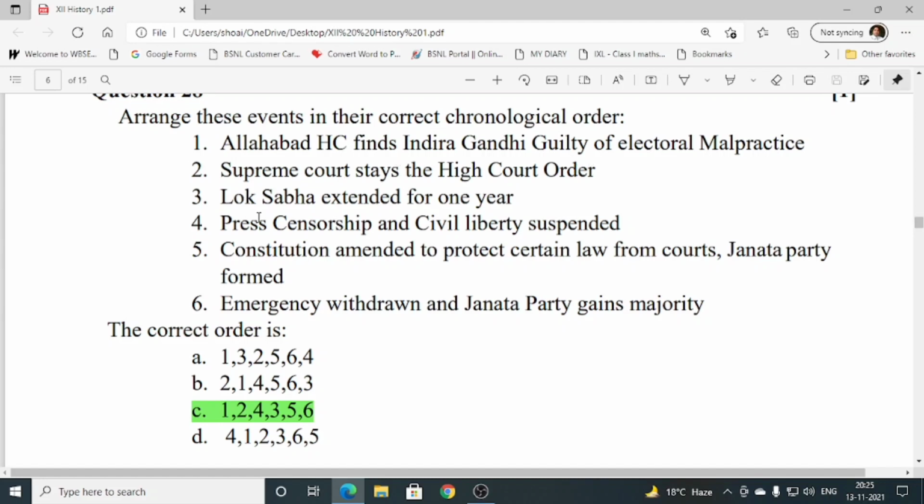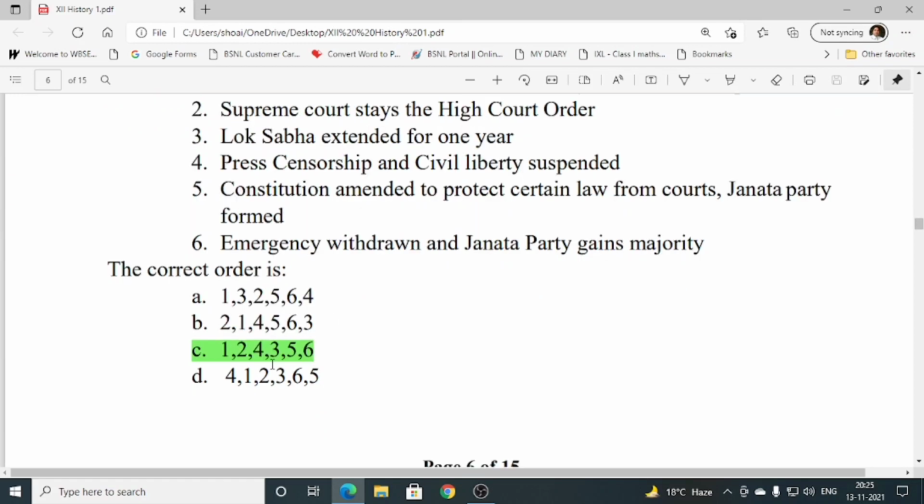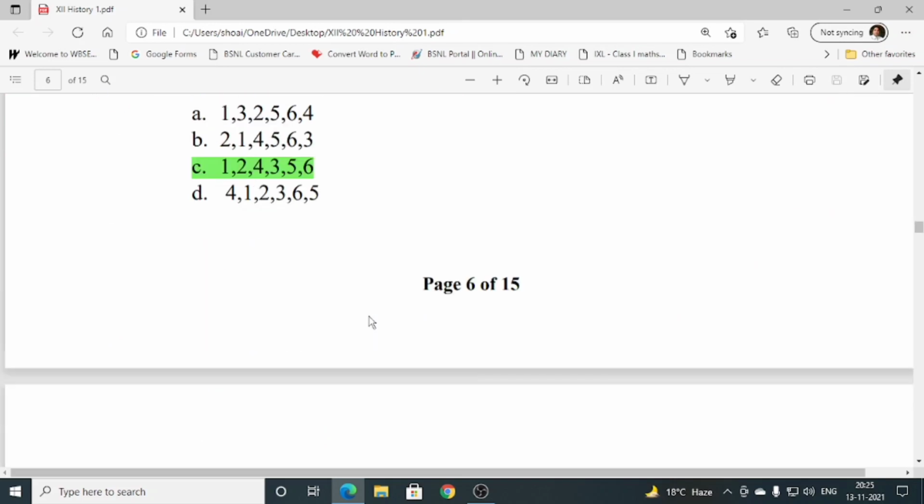Then number 4, press censorship and civil liberties suspended. Then number 3, Lok Sabha extended for 1 year, that is during emergency. Then number 5, constitution amendment to protect certain laws from court, Janata Party formed. Then last one, emergency withdrawn and Janata Party gains majority. So 1, 2, 4, 3, 5 and 6 is the right order.